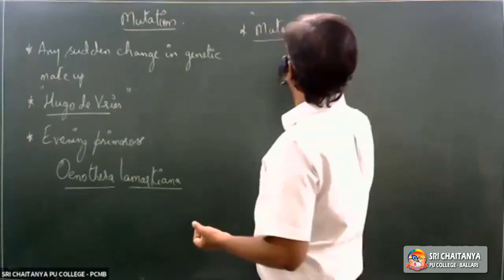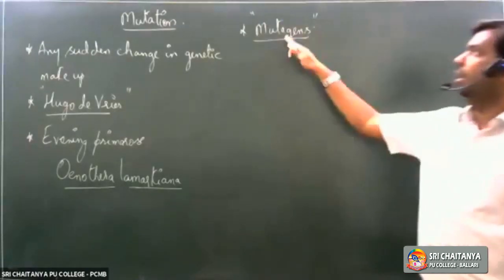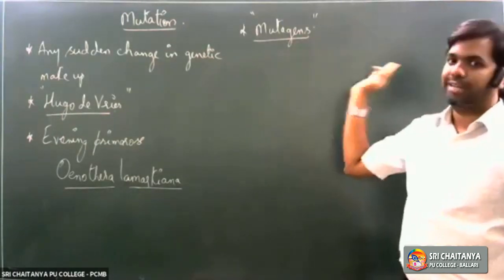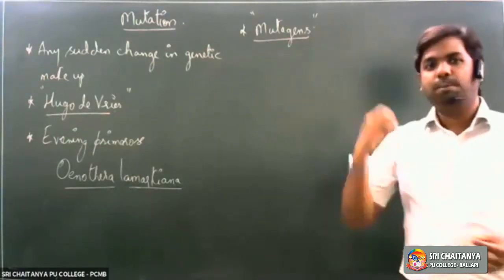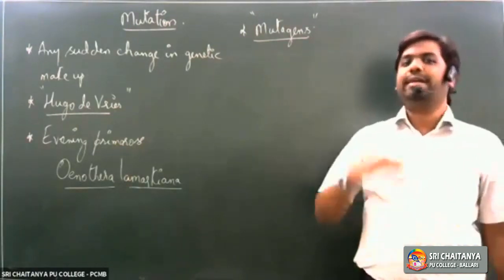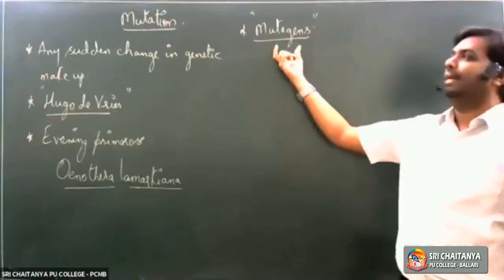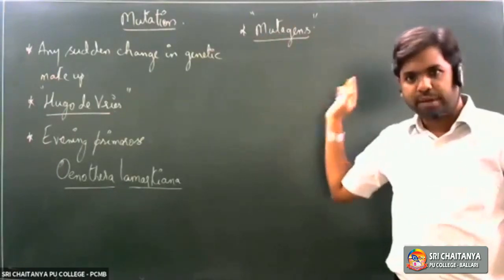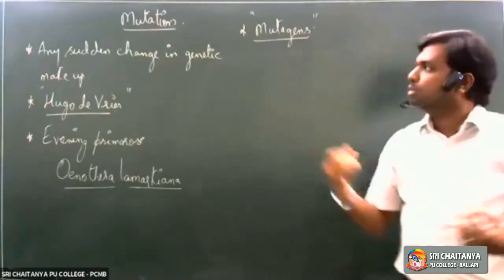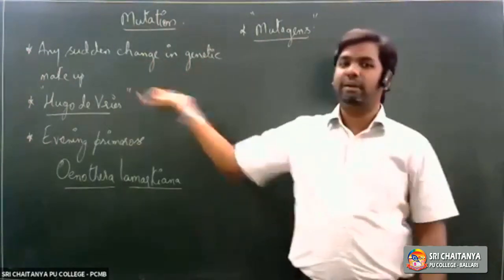The agents which cause mutation, we call mutagens. Muta stands for mutation, gens stands for generating substances. So mutation generating agents are called mutagens, and these mutagens lead to changes in the genetic makeup.